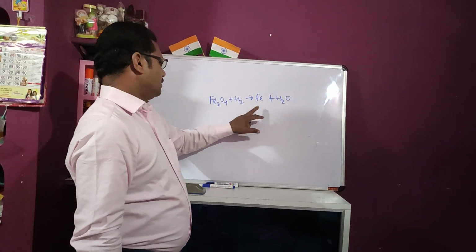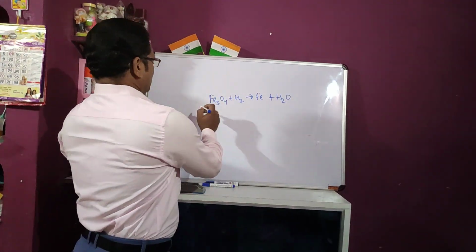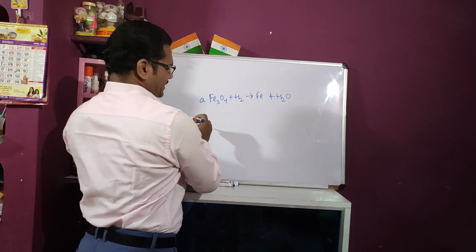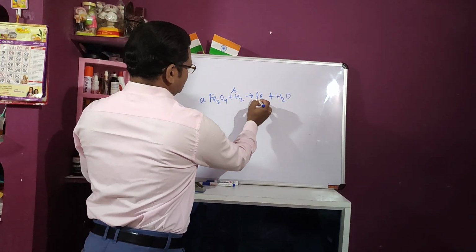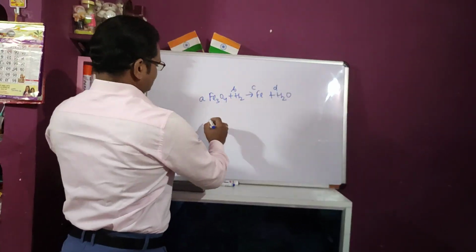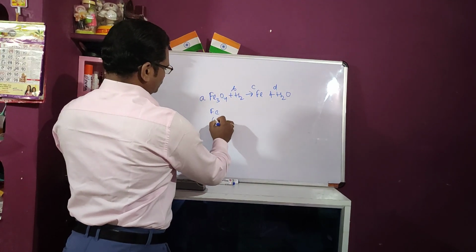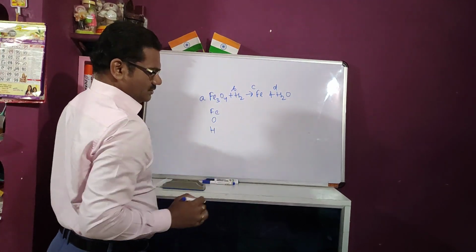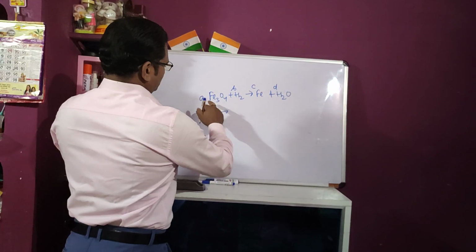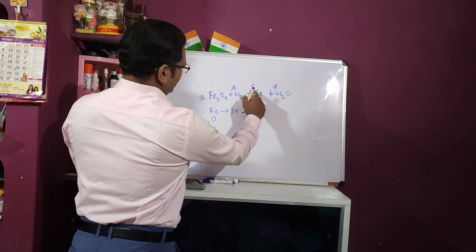Now in this algebraic method, let's say this coefficient is A, this is B, this is C, this is D. What are the elements present? Iron, then oxygen, then hydrogen. How many iron? 3 into A, 3A equals how many here?